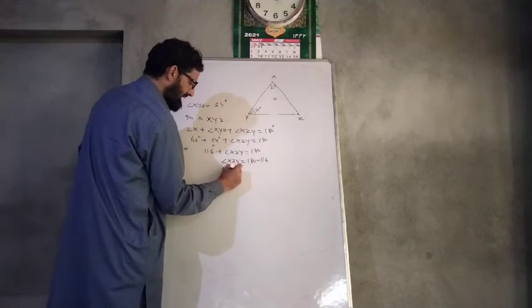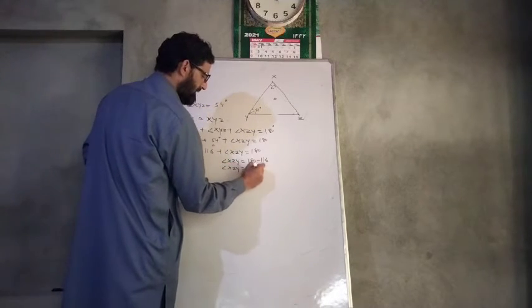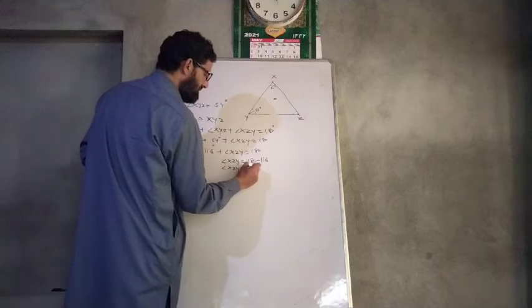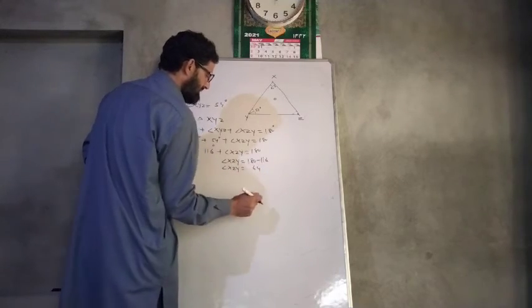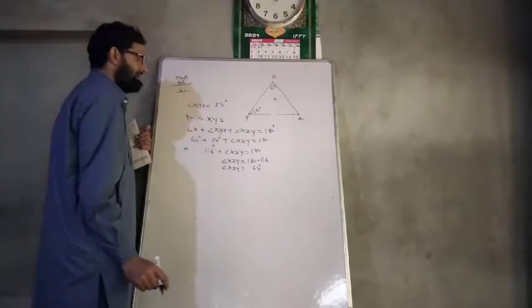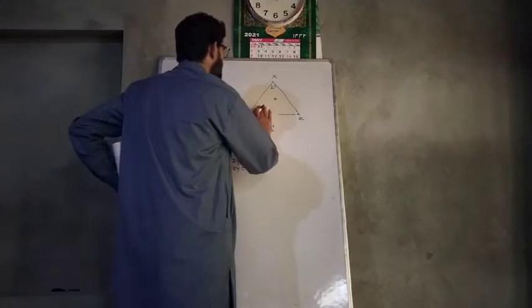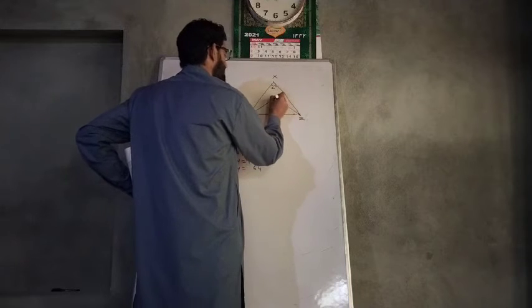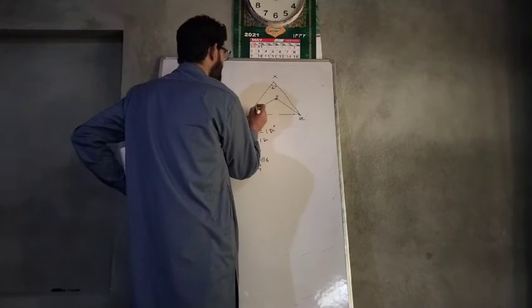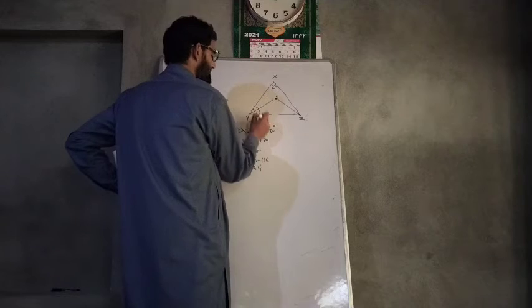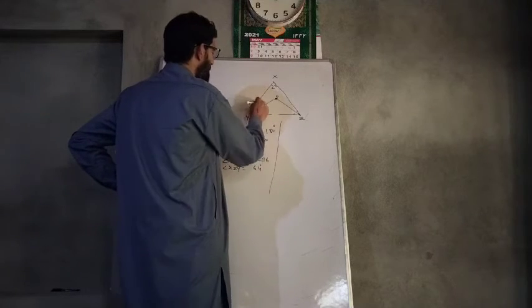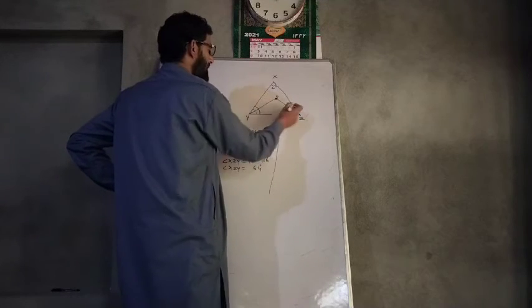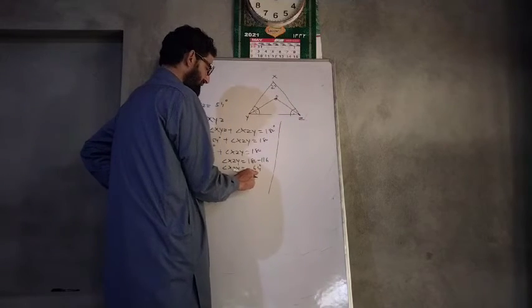So angle XZY is equivalent to 64 degrees. Now the bisectors of this angle and this angle intersect each other at point O. Now the whole angle XYZ was 54, and this whole angle came equal to 64.